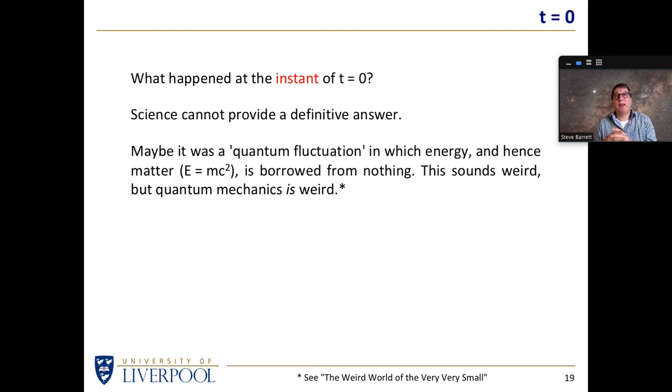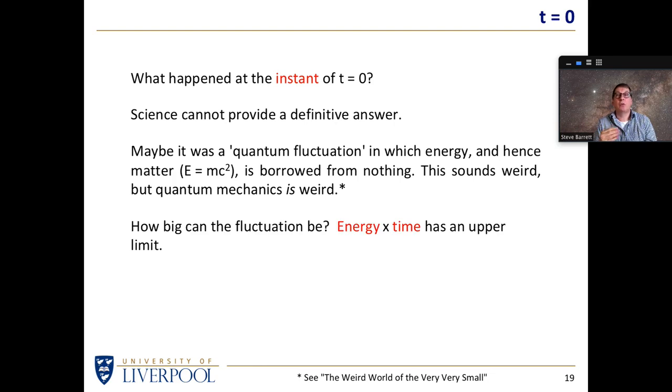But quantum mechanics is really weird as far as we can tell. For the last 100 years we've been trying to prove quantum mechanics wrong, and so far it's met all of our criterion for being a perfectly sound physical theory. So maybe it was a fluctuation, and borrowing energy from nothing was how the universe came into being.